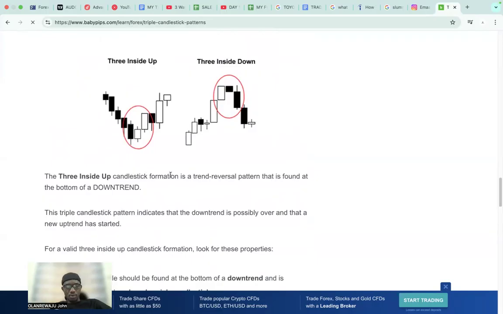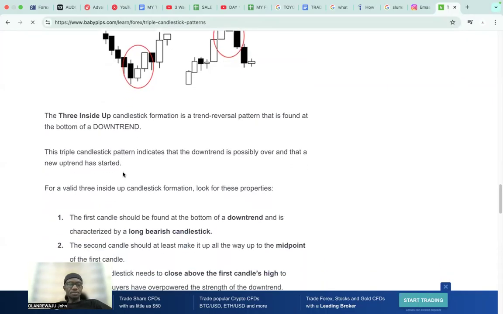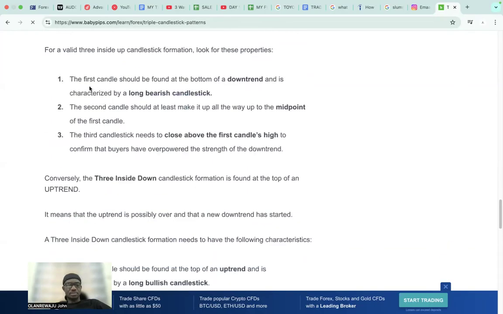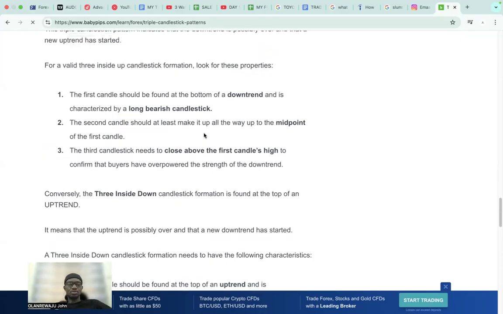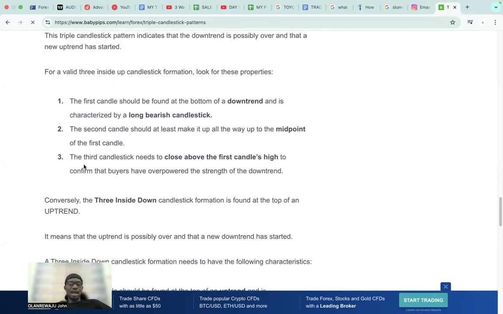Three inside up forms as a trend reversal pattern that is found at the bottom of a downtrend or maybe a support area. So for a three inside up candlestick formation to be valid, these are the properties. The first candle should be found at the bottom of a trend, characterized by a long bearish candlestick. The second one should make it at least to the midpoint of the first candle. And then the third closes above the first candle high.